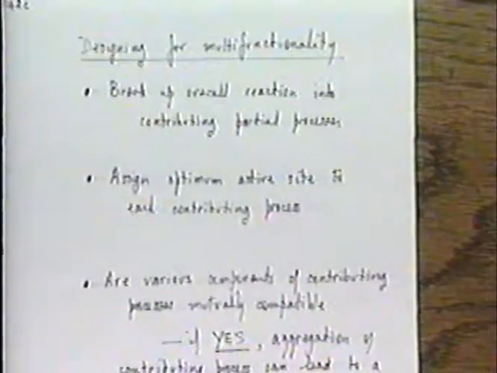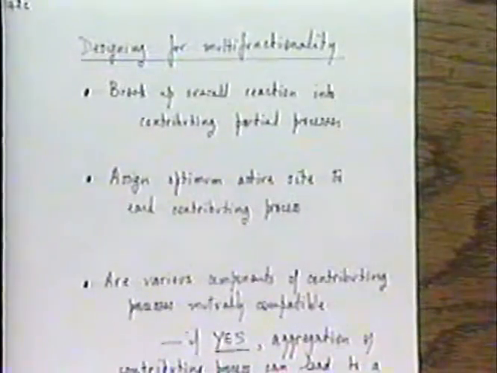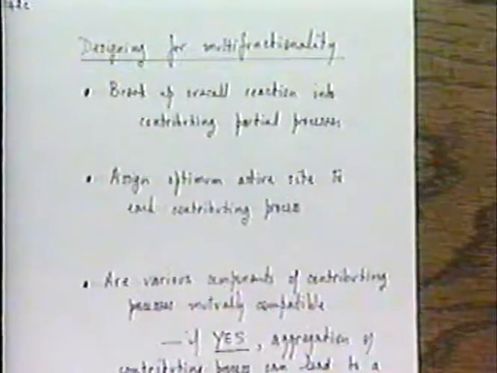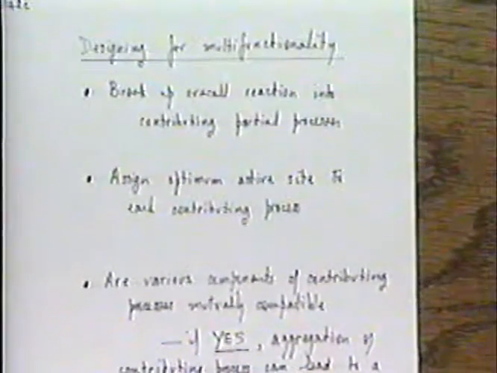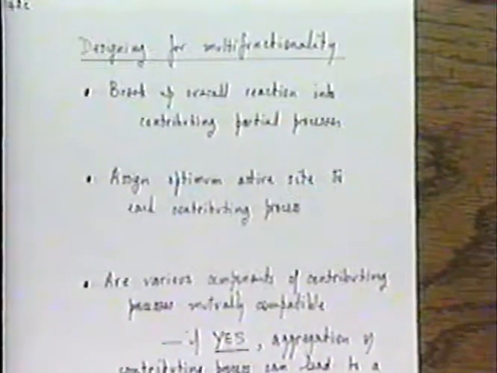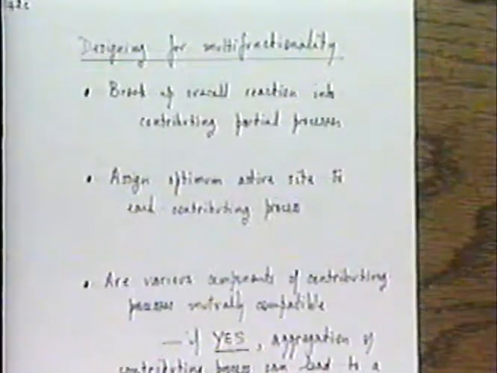Here's a summary then of what you have to think about if you're going to try and design a catalyst to involve multifunctionality. Why do you do it? Well, you do it because you've come to the conclusion that the desired reaction overall, which you wish to catalyze, can only be done as the sum of more than one step, and that the various steps involved require more than one sort of active site.